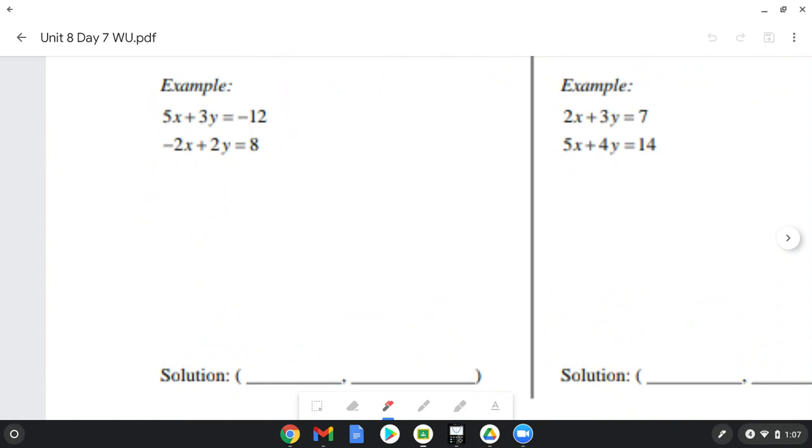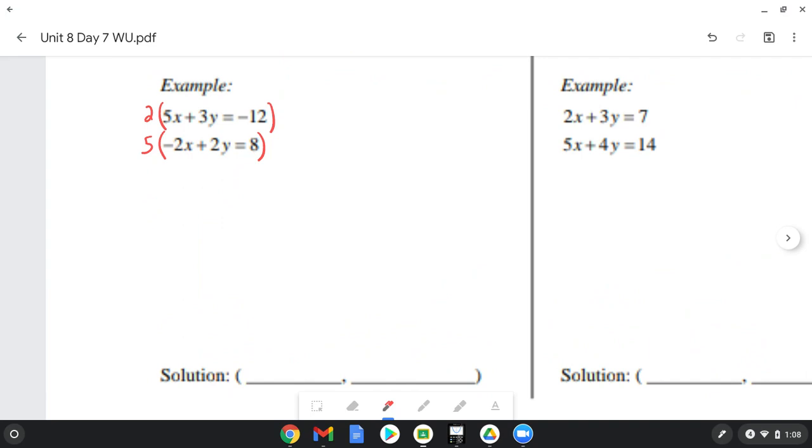The easiest way to do this is to eliminate the x's or whatever's on the left side. So if we just take the number that is on the top x and multiply it by the bottom, and the number that's on the bottom and multiply it by the top, and make sure that they're going to be opposites as far as the sign goes, then you're always going to be able to cancel out those first variables.